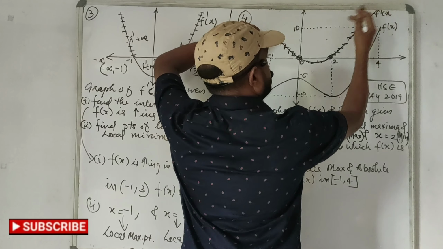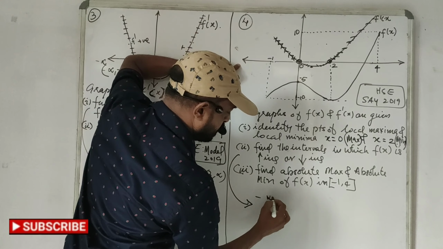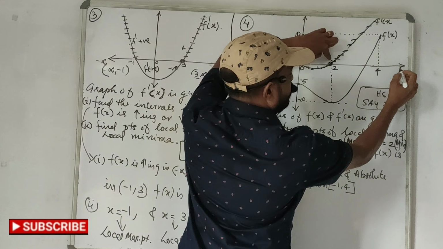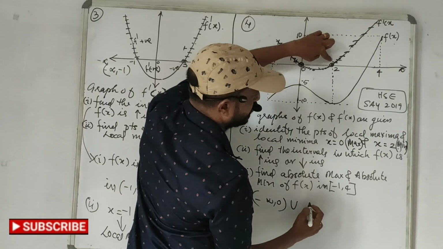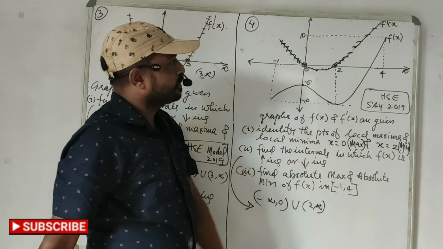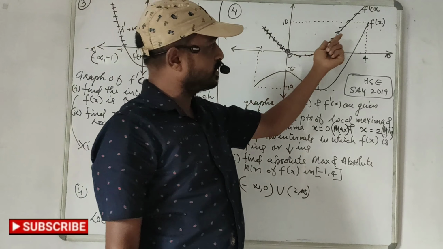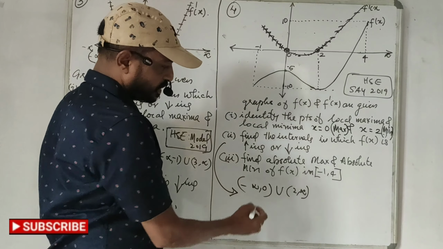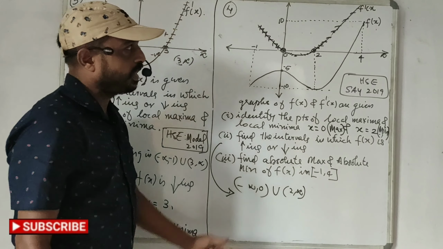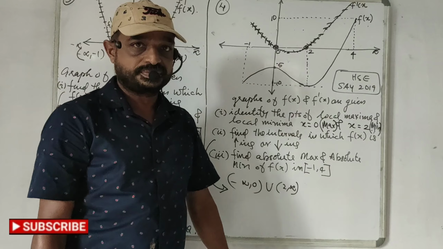So minus infinity to 0 union 2 to infinity. In the interval minus infinity to 0 union 2 to infinity, f of x is increasing, or f dash of x is positive.